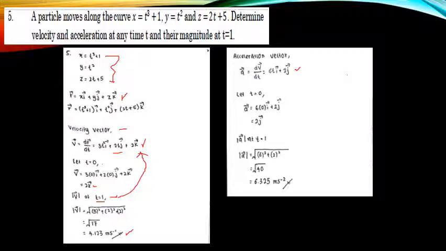After we substitute t equals 0, we get only 2j. For the magnitude, we substitute t equals 1 into this equation, and the magnitude of acceleration is equal to square root 40. So the acceleration is 6.325 meters per second squared.